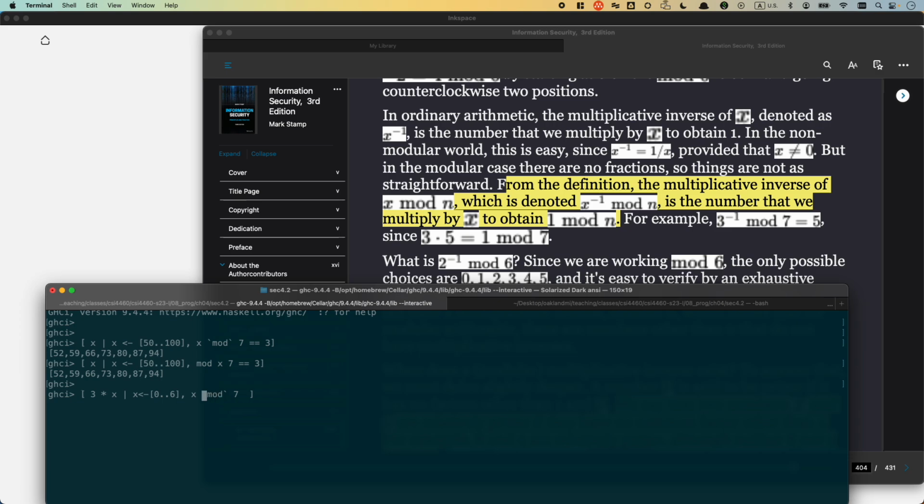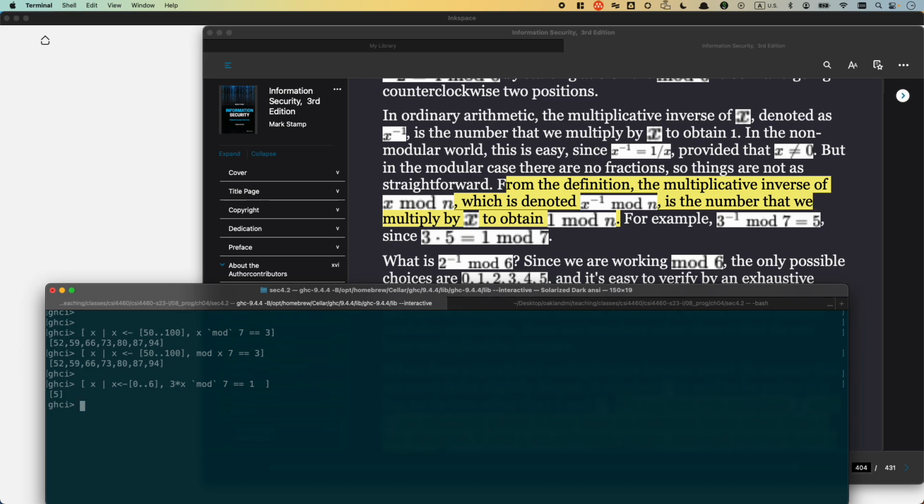Let's see. Actually, it's 3 times x mod 7 will be equal to 1, and let me fix this. We want that particular x, then it should be equal to 1. That is pretty much what we are trying to investigate here. So we hit enter here, then this list actually returns 5.